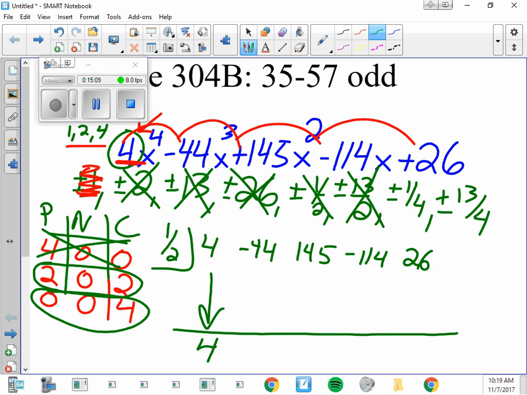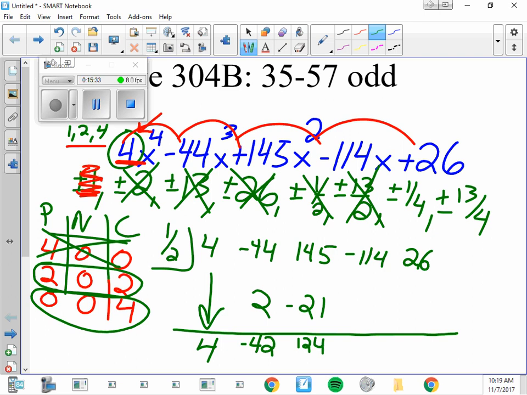All right, half of 4 is 2. That gives me, well, I forgot that 1/2 could have been a double root. So half of -42 is -21. That would be 124.